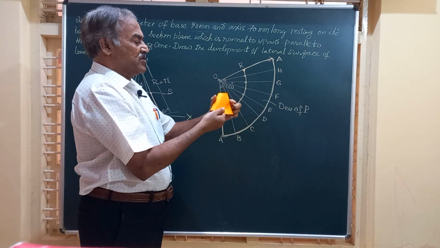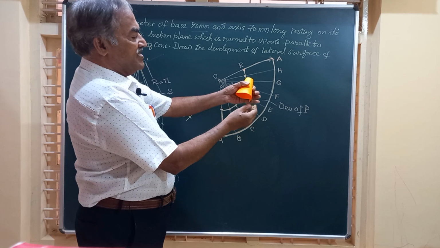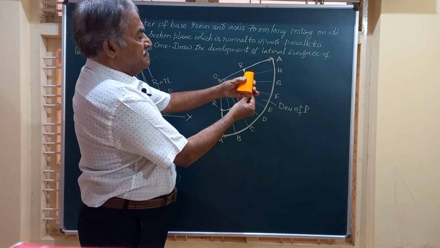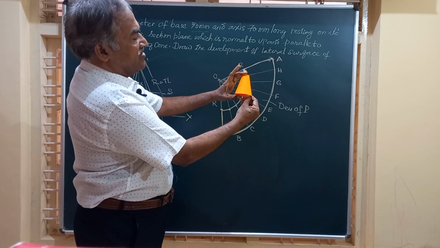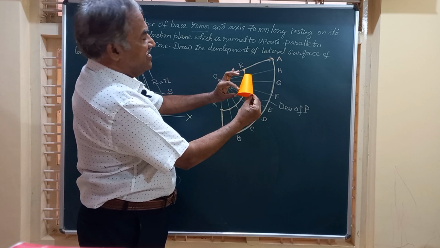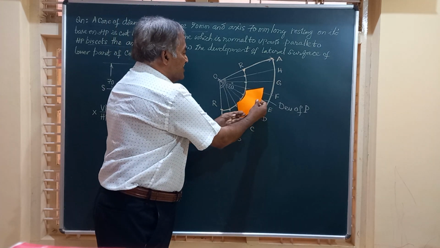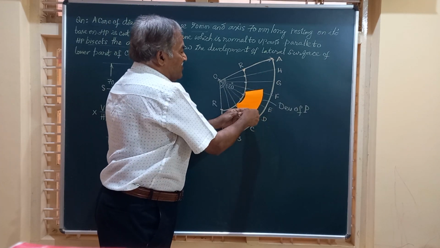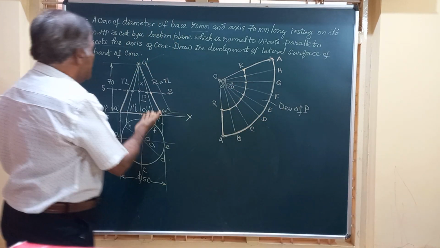When you fold them together, I'll show you. It was like this, friends. It was like this, and it was cut by a horizontal section plane. This is how it appears when it is cut. So you will have a development. If you fold this together, you will get this part.